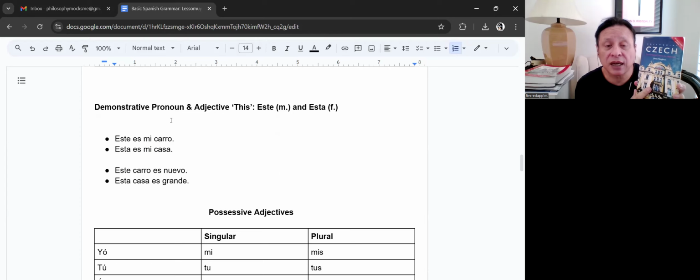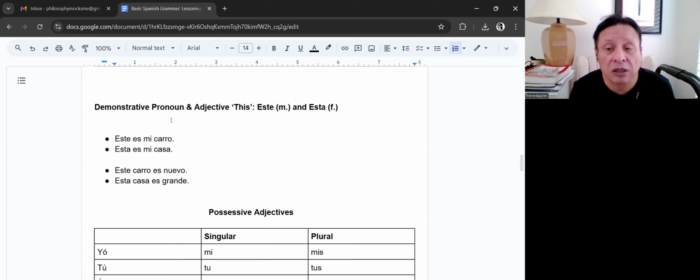Esta casa es grande. Esta, because casa is feminine. And grande, because it ends in an E, I don't have to change it for gender. I also don't have to change inteligente for number.